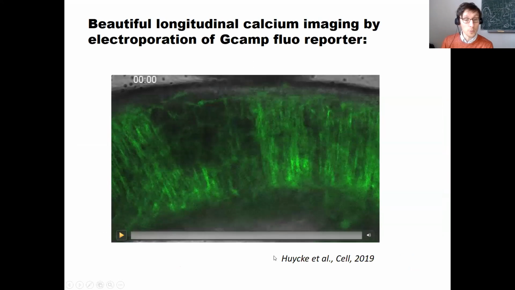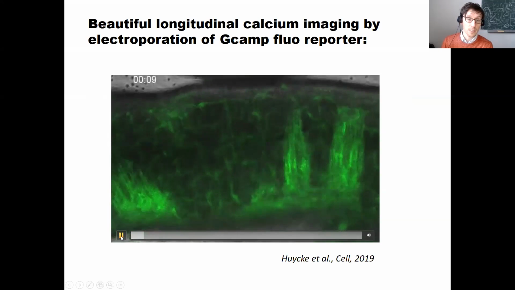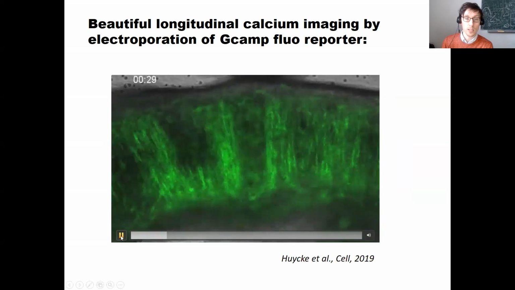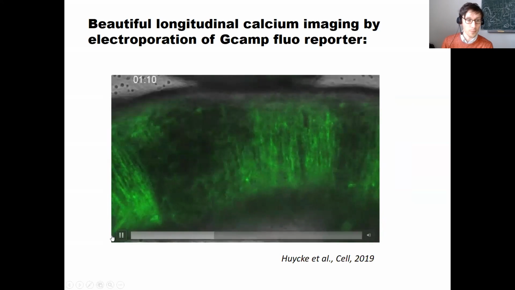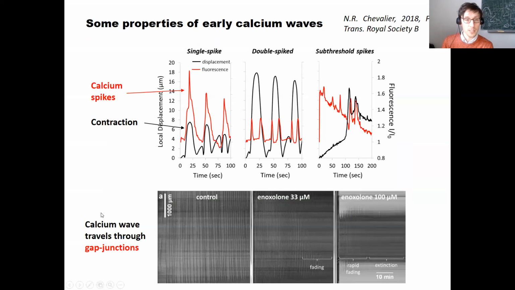Recently, a group led by Taben, the first author is Huike, presented some beautiful videos by electroporating a GCaMP reporter of the same phenomenon. You'll see the contractions as well as the underlying calcium wave. So we figured out some basic properties of these early calcium waves.